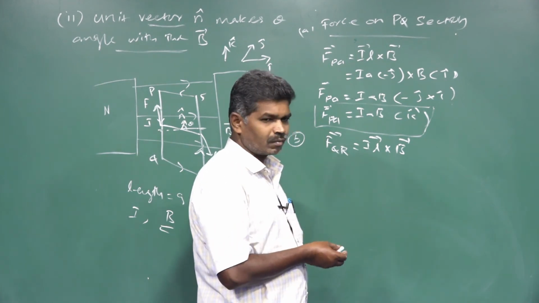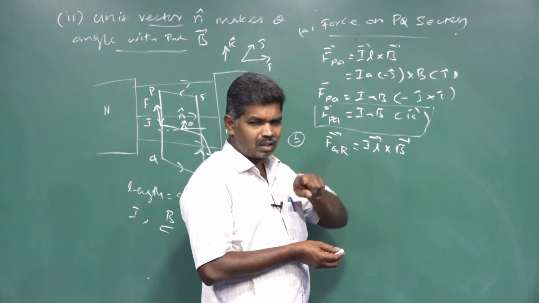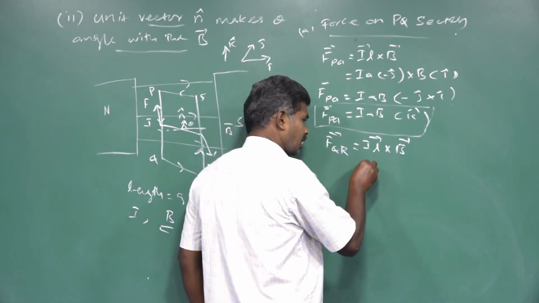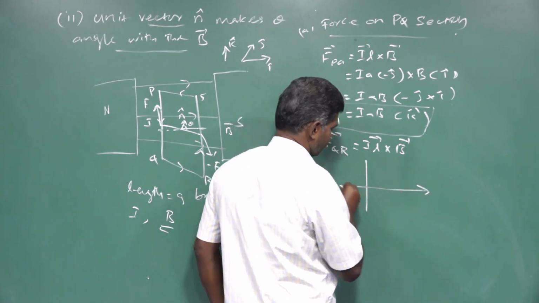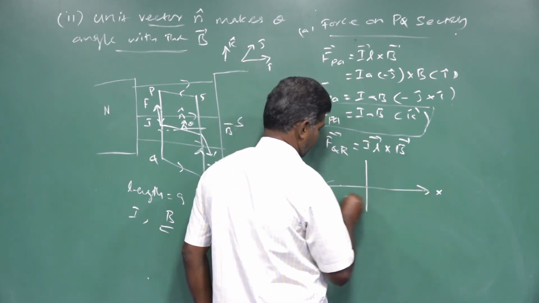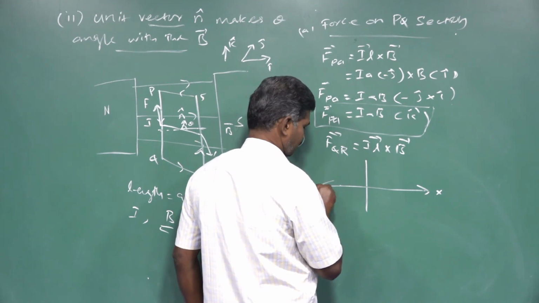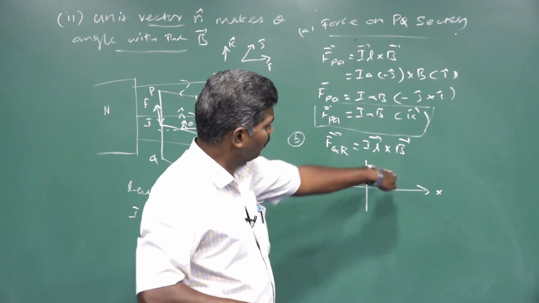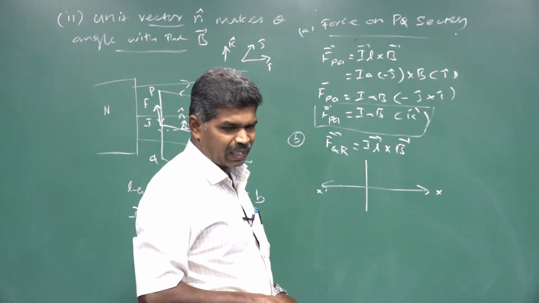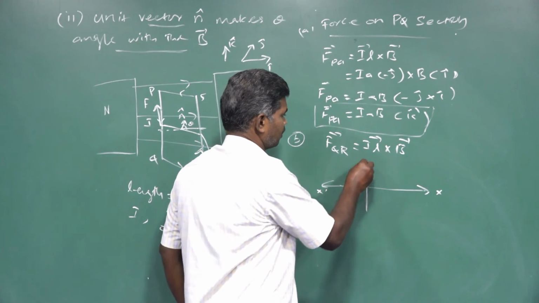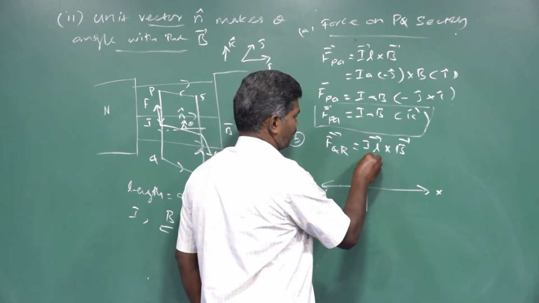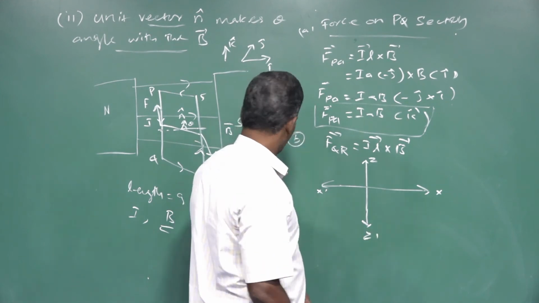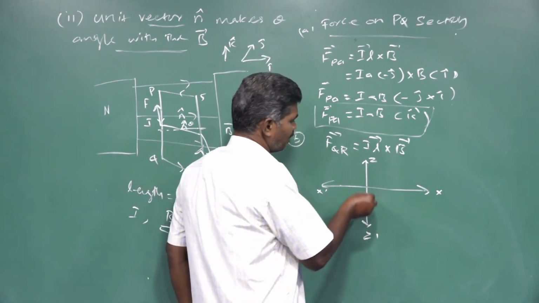That's why that length element vector we are going to resolve into two components. For that, very clear, horizontal axis is taken as x axis, x prime, inward direction is the y direction, upward direction is the z direction, z prime, and at Q end we are going to take.